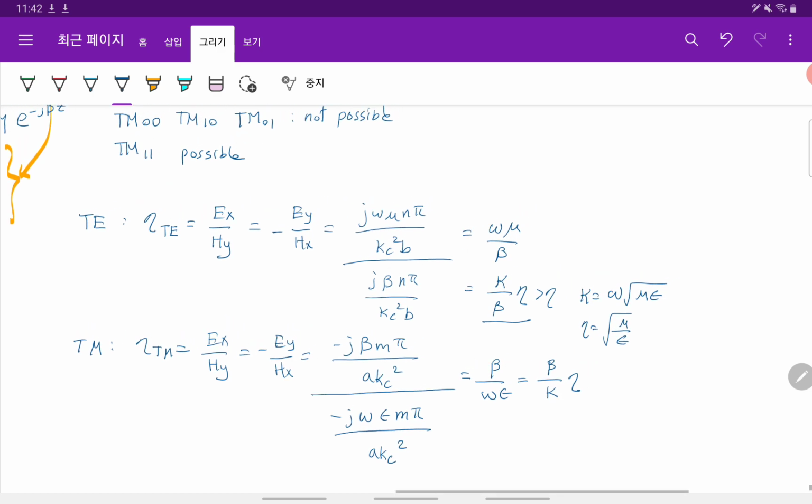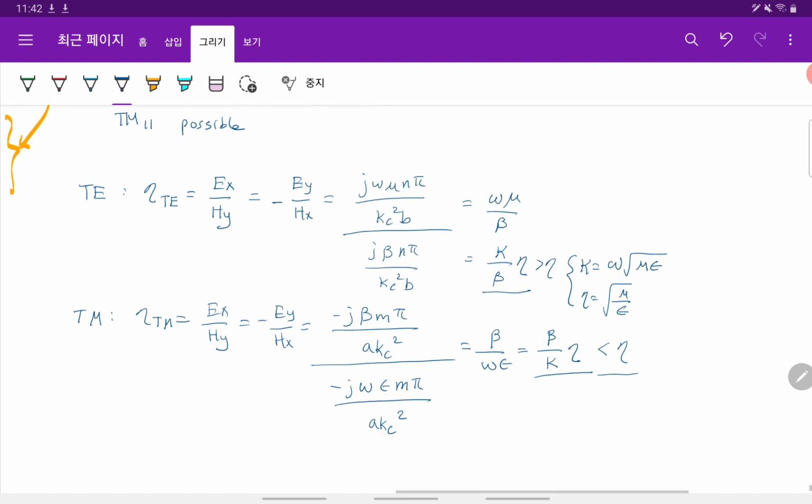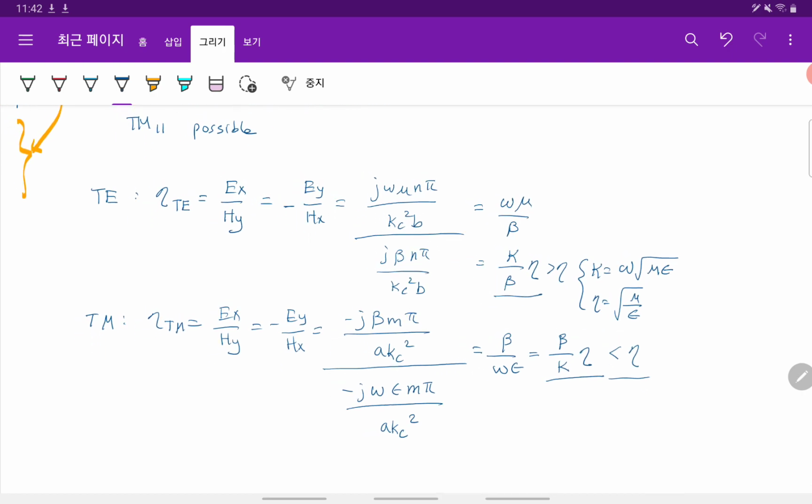Here also k and eta are shown, and this is smaller than eta, so it also follows the equation for the parallel plate waveguide. So all the ratios are maintained, and this ratio is represented as eta TE and eta TM.